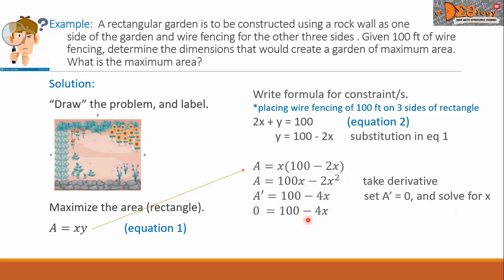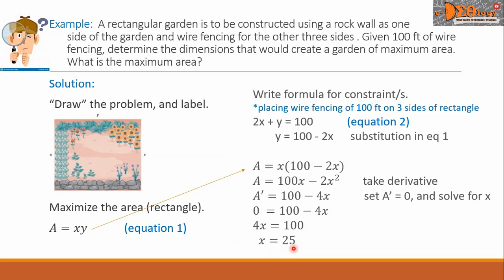Solving for x, let us transpose negative 4x to the left side. It becomes positive 4x equals 100. We want the value of x. Let us divide this equation by 4. So x now becomes 25.